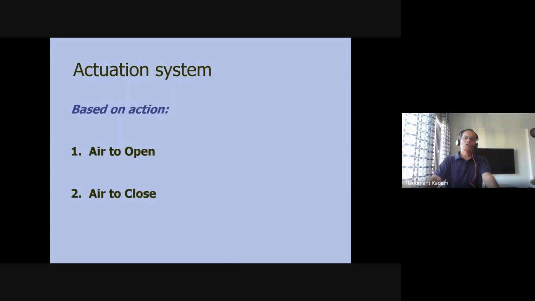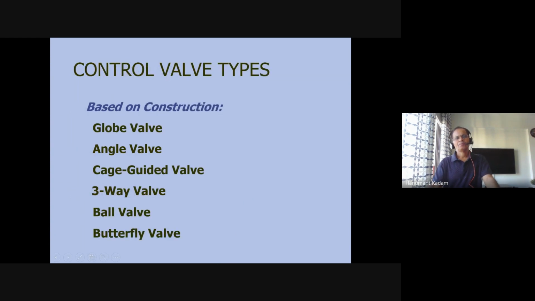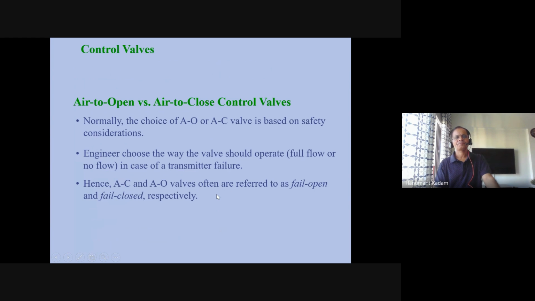So, I'm coming to the actuation design based on action: air to open valve and air to close valve. Based on construction: globe valve, angle shape, cage guided, three-way, butterfly valve. Control valves, air to open versus air to close.